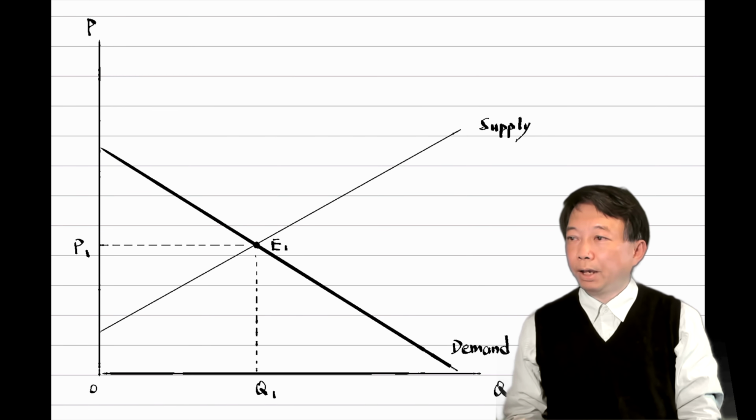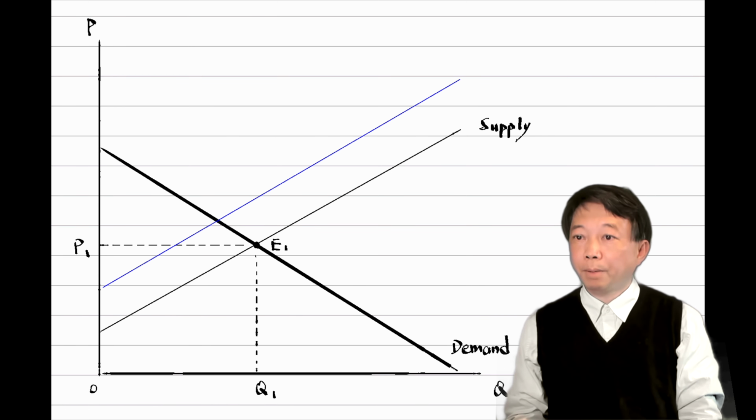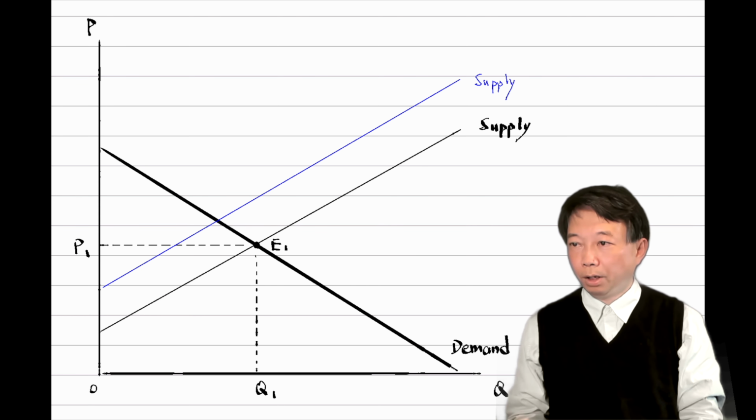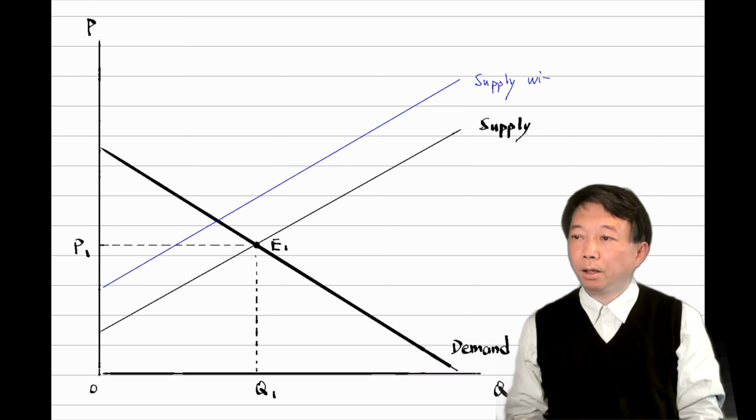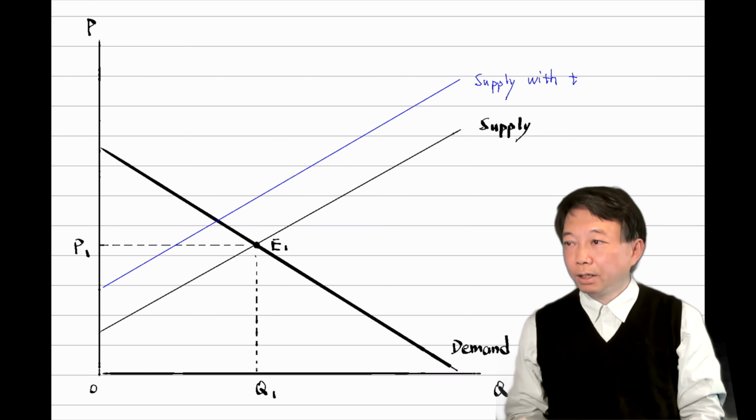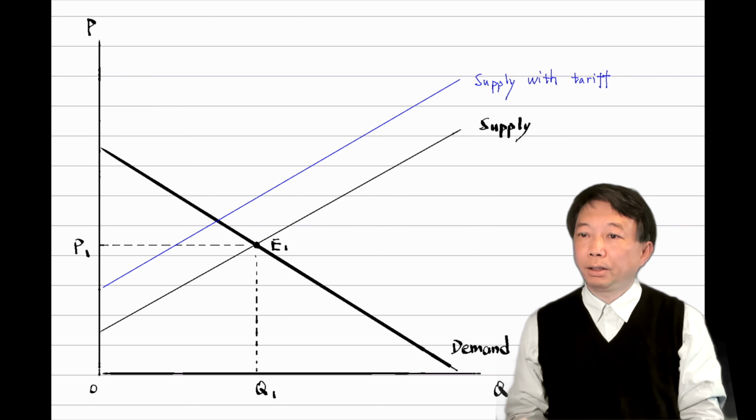Tariffs lead to an increase in supply costs, causing the supply curve to shift upward. This shift occurs because, for any given quantity supplied, firms must charge a higher price to cover the increased costs.